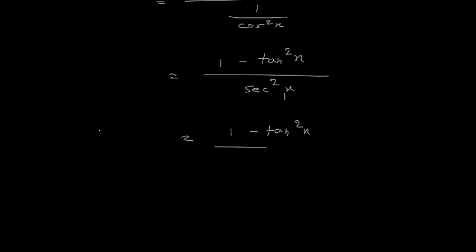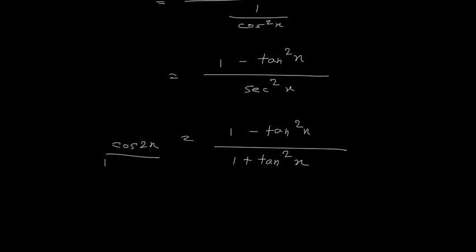So you have 1 minus tan square x divided by 1 plus tan square x. This is the value for cos 2x. So now you have 4 formulas for cos 2x. Cos 2x is cos square x minus sin square x, 1 minus 2 sin square x, 2 cos square x minus 1, and 1 minus tan square x upon 1 plus tan square x.